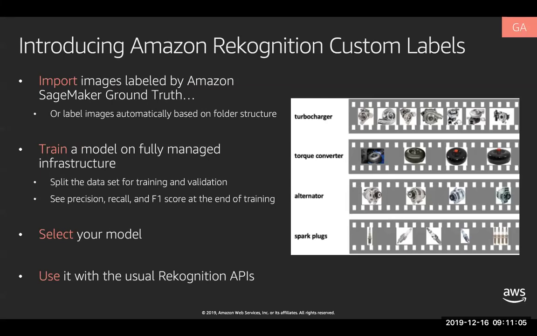But really what we want is the ability to customize and take that same higher level AI service and apply it to our custom domain. If we're a car manufacturer or parts supplier, we have torque converters, turbochargers, alternators, spark plugs. These did not come out of the box initially with Rekognition, just based on the way the model was trained. But we can now fine tune and still reuse these higher level AI services.